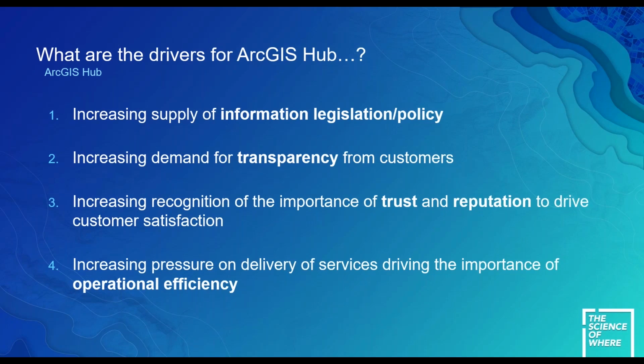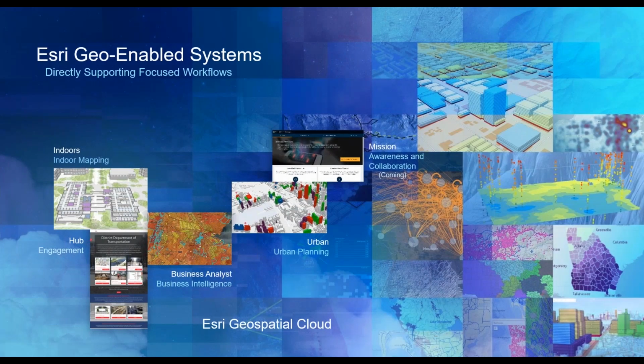So a final point to mention, as some of you may be thinking, why are Esri, a geospatial company, in this space? Well, the reason is because place is fundamental to all of the topics we've just discussed. So customers want to be engaged about and they want to improve their local area. They make requests and complaints about local issues, and they report things in their neighbourhoods, and they volunteer near where they live or where they work.